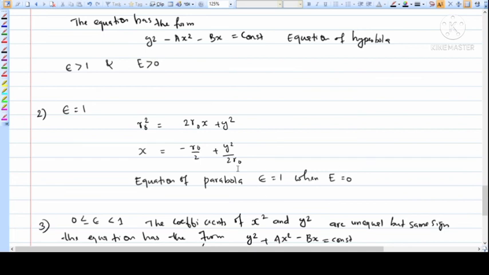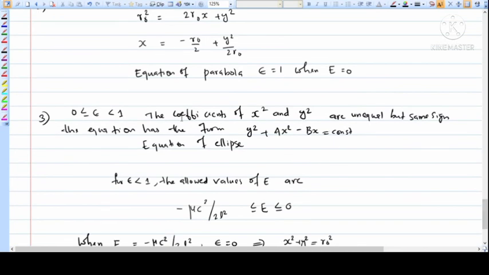In the second case, epsilon is equal to 1, this equation will become r0 square is equal to, this will go to 0, it will become minus 2 r0 x plus y square. So rearranging, you will get x is equal to minus r0 by 2 plus y square by 2 r0, and this is an equation for a parabola.